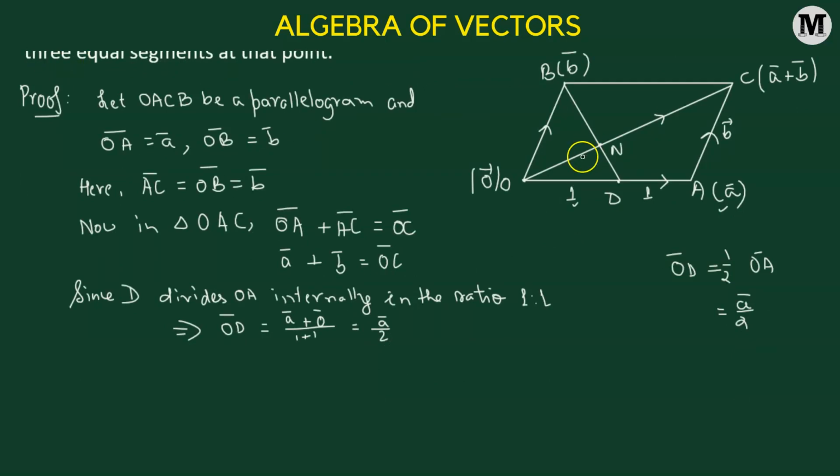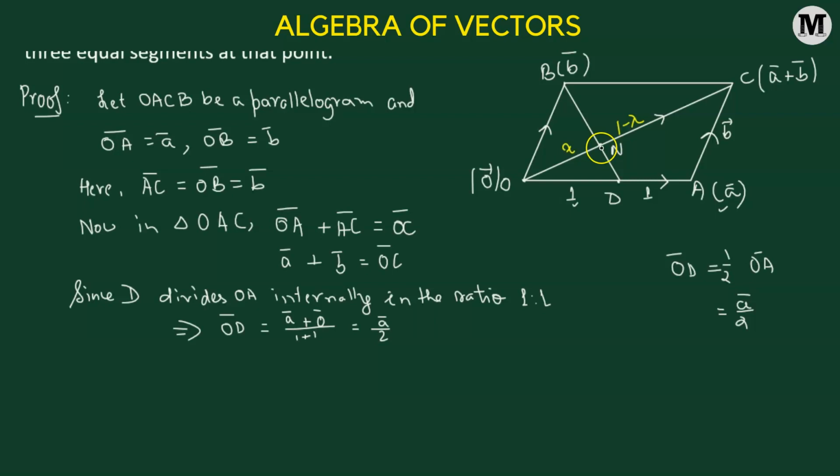We will suppose that this particular point N divides OC, let's say, in the ratio lambda and 1 minus lambda. The reason we're considering lambda and 1 minus lambda is that we can assume OC to be of 1 unit. So if we consider OC to be of 1 unit, then if ON is lambda unit, then the remaining portion NC will be 1 minus lambda. Fine.